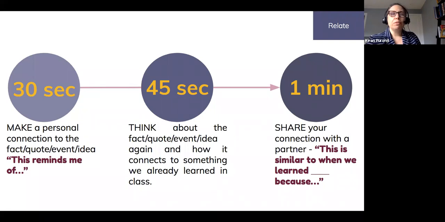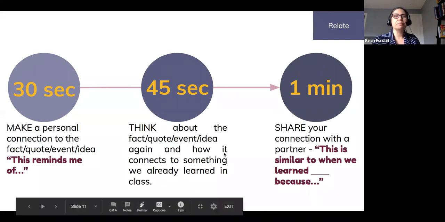Then you're going to have about 45 seconds and think about how it connects to something we've learned or you've learned on your own as a teacher, as a classroom teacher, as somebody working in a school. And then we're going to have a minute to share. Since we're not in small groups for this share, we're going to talk about sharing in the chat so that everybody gets a chance to talk and relate together, but we'll be able to surface some important ideas.